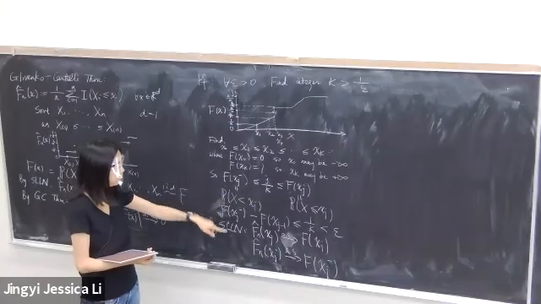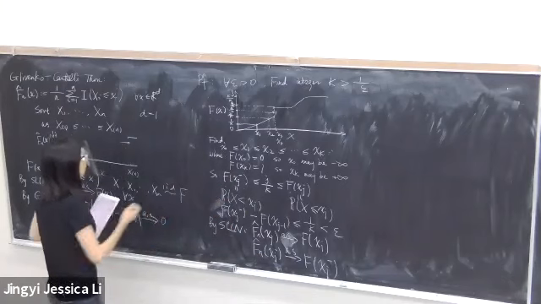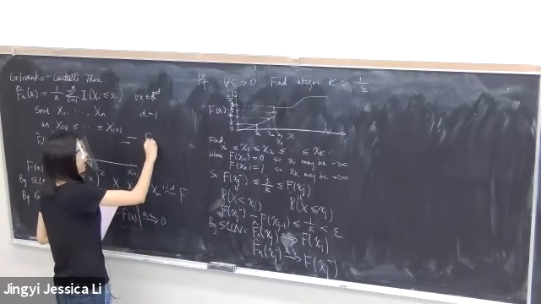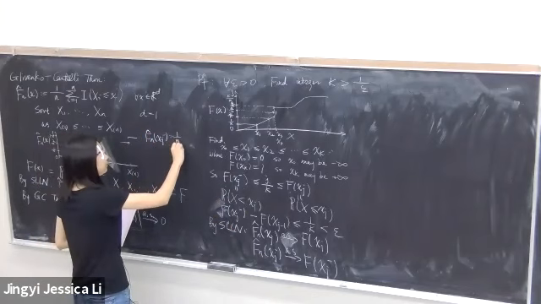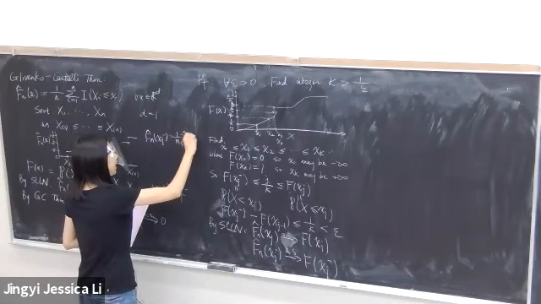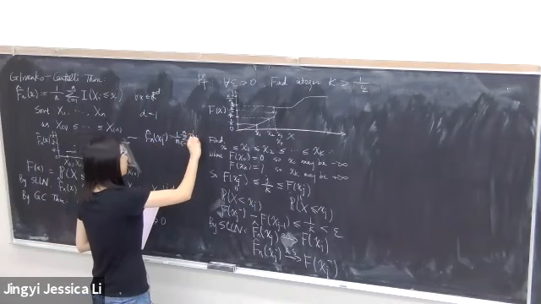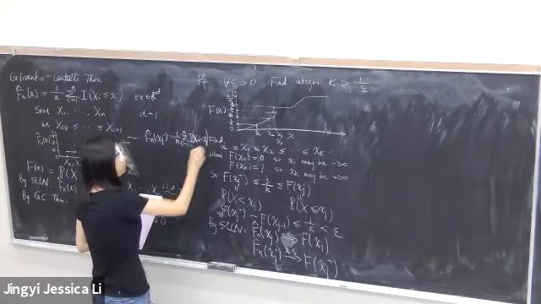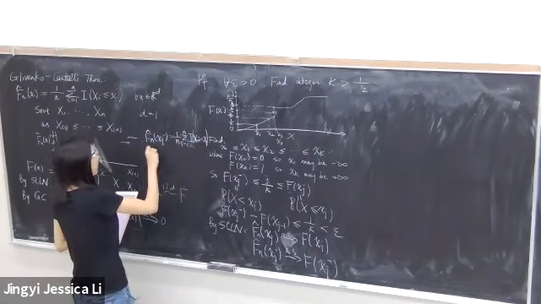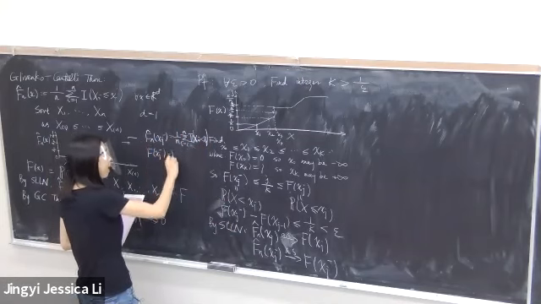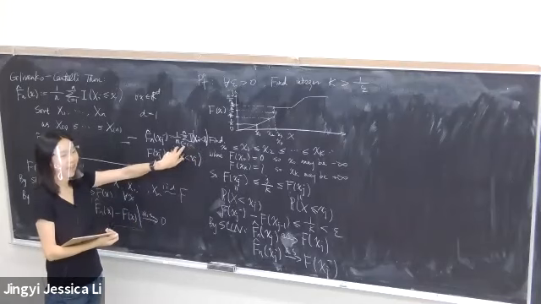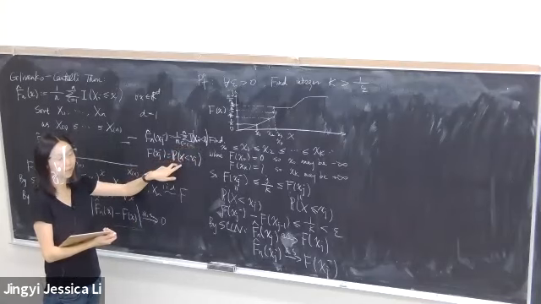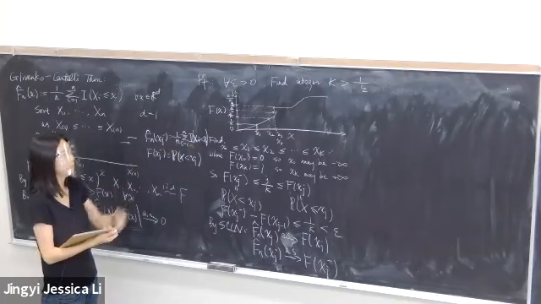If you recall, F_n hat(xj minus) is the average of the indicator of Xi less than xj, while F(xj minus) is the probability that X is less than xj. So this is a sample average and this is the population mean. So the strong law of large numbers still applies here.